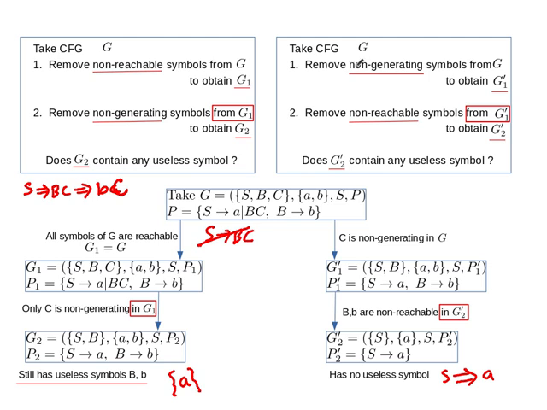Now, if you remove all this non-generating thing, you get something simpler, right? And then this step becomes simpler because you are removing non-reachables from this G1, which say contains, so this say contains 1000 non-terminals, this contains 500 non-terminals. So in this step, it is easier to find and remove the non-reachable from a grammar having 500 non-terminals than from a grammar which contains 1000 non-terminals.